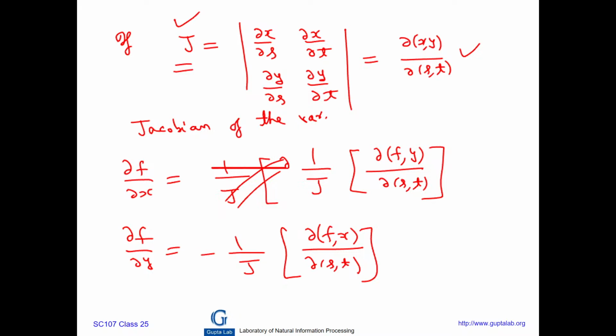If J is this notation, then del f over del x is equal to 1 over J times this, and del f over del y is equal to minus 1 over J times this. This notation is nothing but, you can expand it like this. This is known as the Jacobian, for the change of variable.